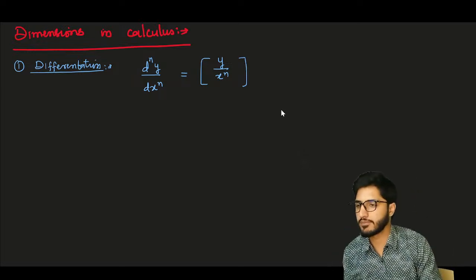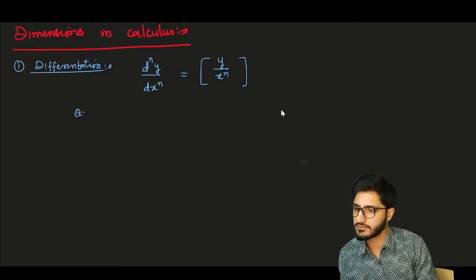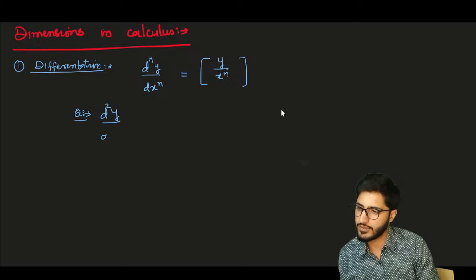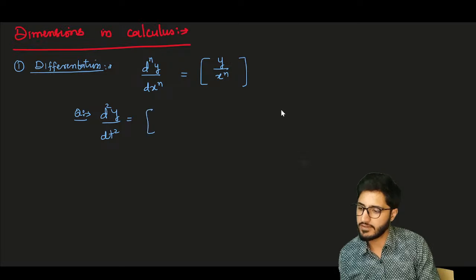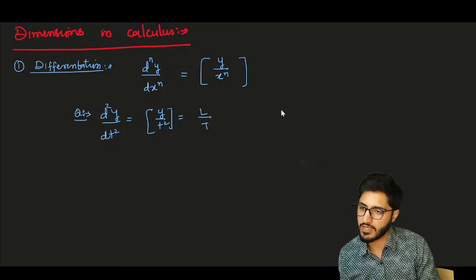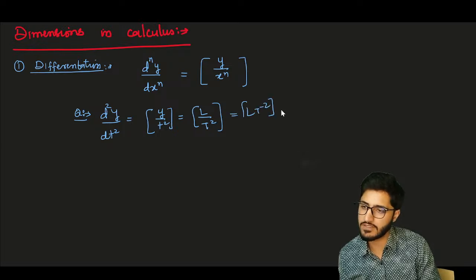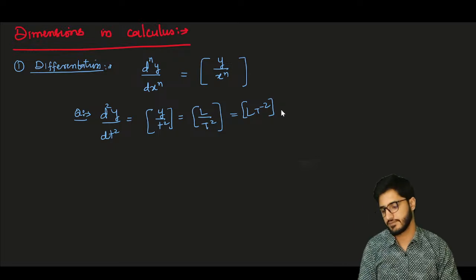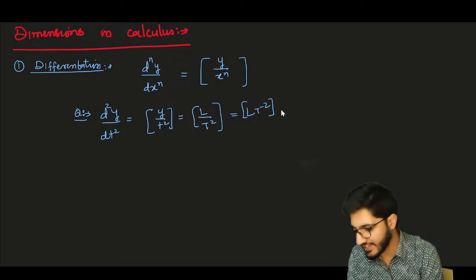Let's take up an example to get it clear. If we have d square y by dt square, I think it would be y divided by time square. Y is length, so I can write length by time square, that is LT minus 2, which is acceleration.